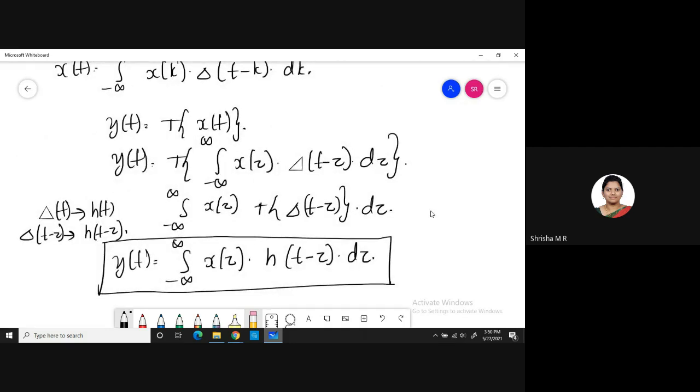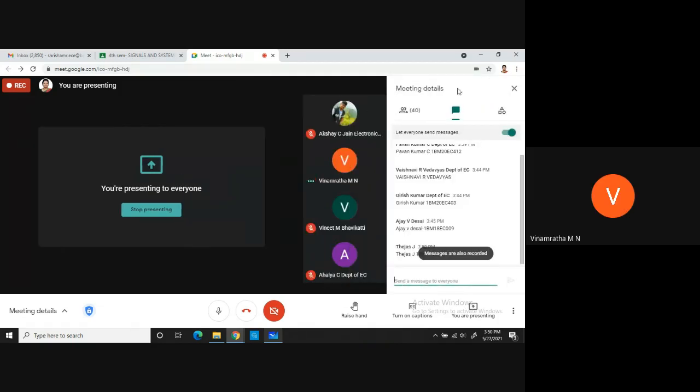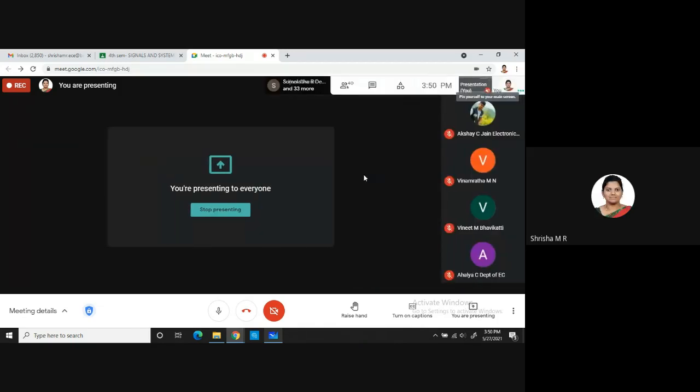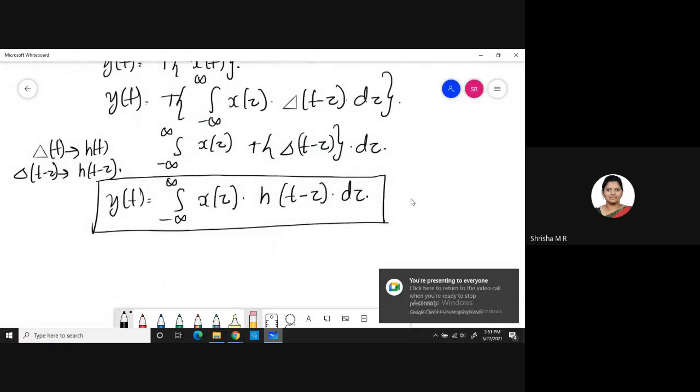Do you want me to explain the convolution integral once again, or is it clear? Yes, ma'am, it's clear. Okay, so we shall try solving a few problems on the convolution integral.